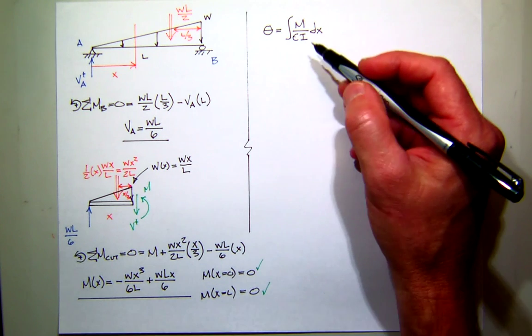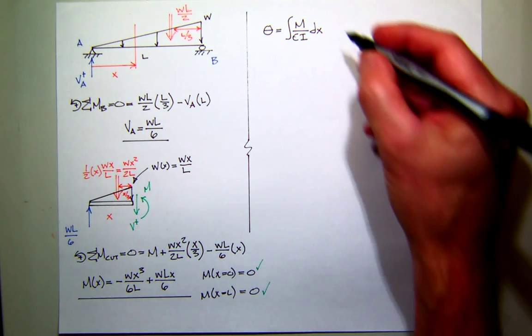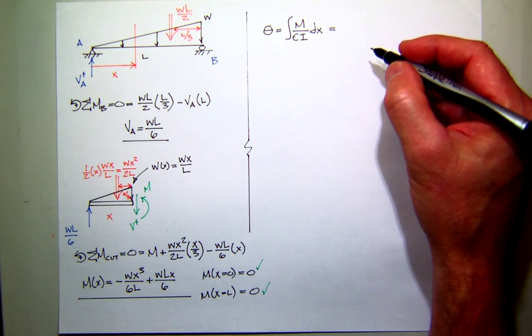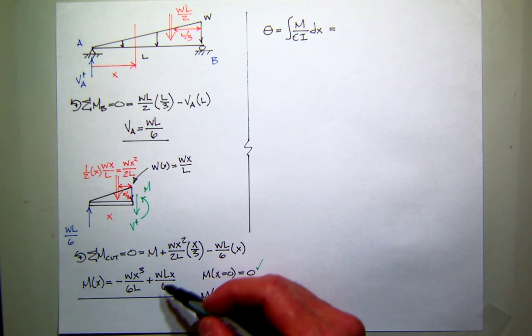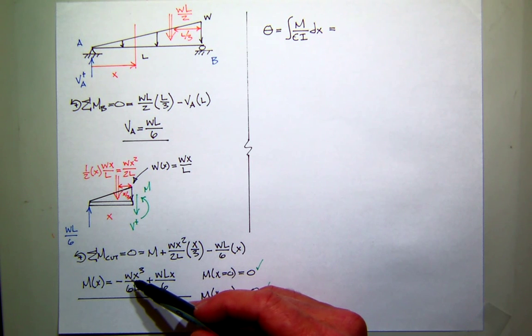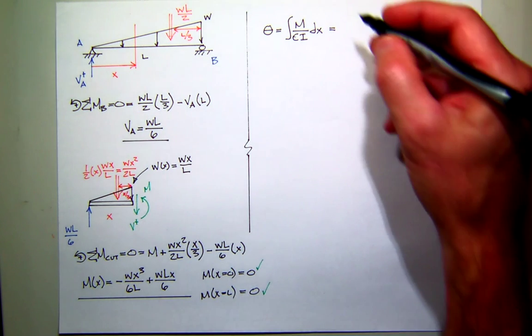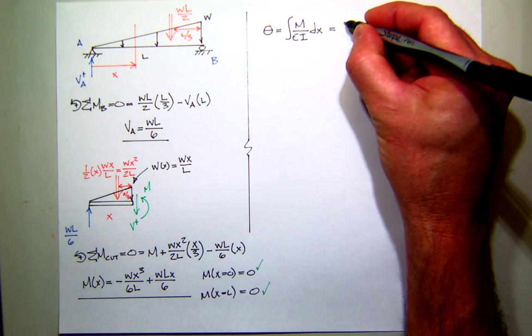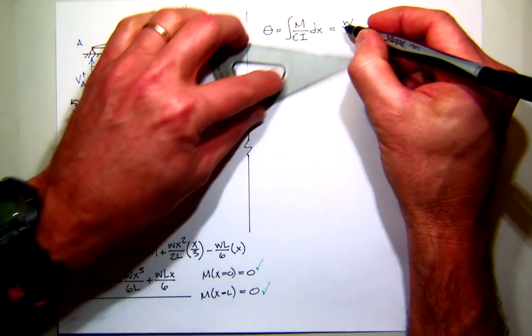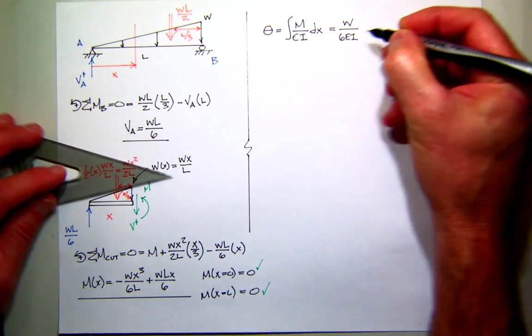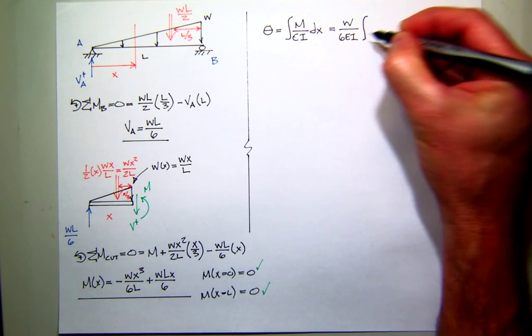Sorry about that. All right, so let's do this. In our problem, E and I are constant. If you also look at our moment expression, what else is constant? Looks like W and 6 are constant. So I'm going to pull all that out. So I'm going to have W over 6EI on the outside, and I'm going to be left with the integral of what?